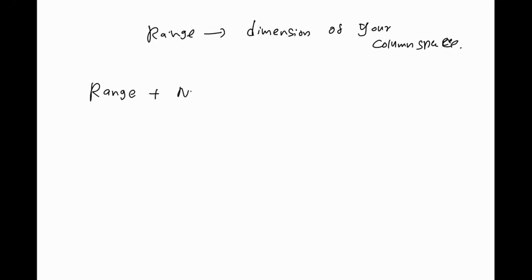Range is nothing but the dimension of your column space, right? Dimension of your column space. So there's a theorem: range plus nullity is equal to the number of rows in your set of equations.